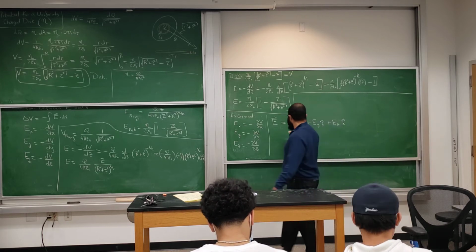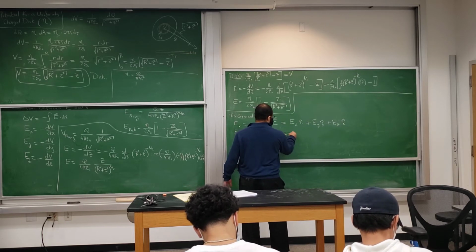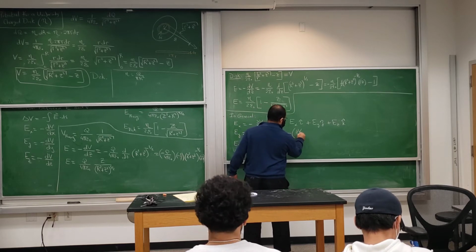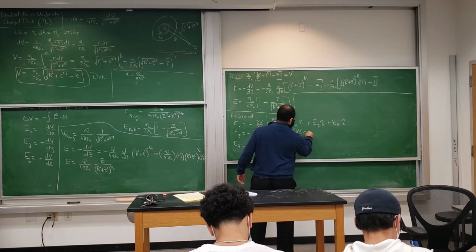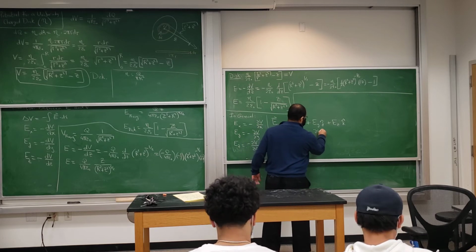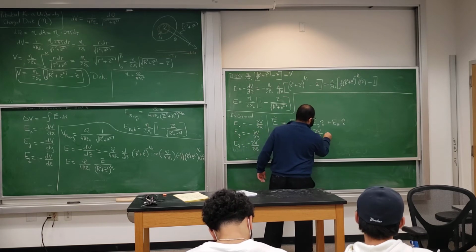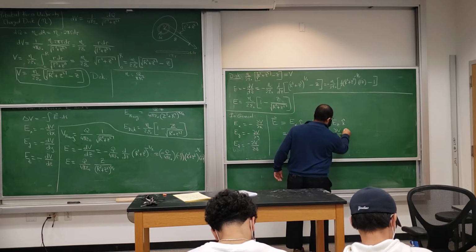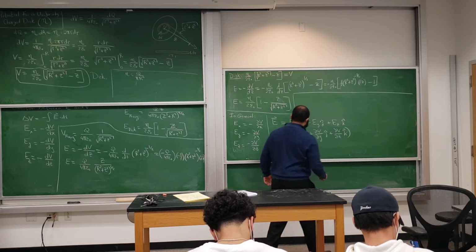So if you put them all together, all of them have a minus sign, so I put the minus in front, so you have dV dx i hat plus dV dy j hat plus dV dz k hat.